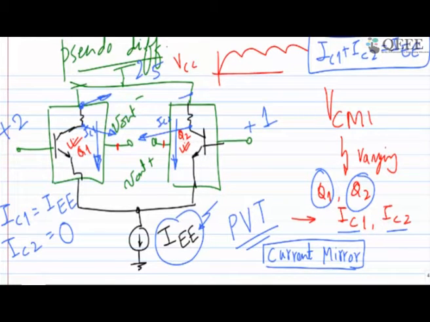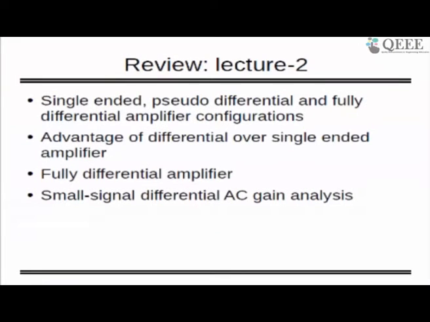So either you can take output from this point or maybe this point. You have to choose only one. If you are taking the output from only one point, then it's called differential amplifier. But if you are taking the output from 2 points and taking the subtracting quantities, then it's called fully differential. So these are the differences between the different topologies of single-ended, pseudo differential, differential, and fully differential.